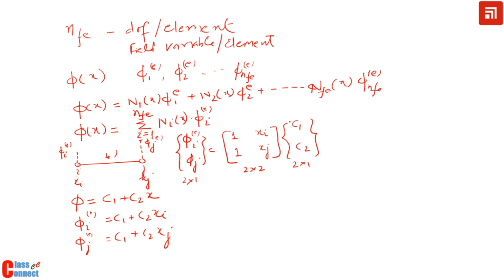Now our aim is to find C1 and C2 so that we can substitute the values back to get everything in terms of the shape function.